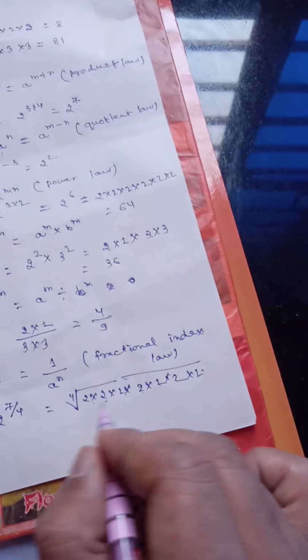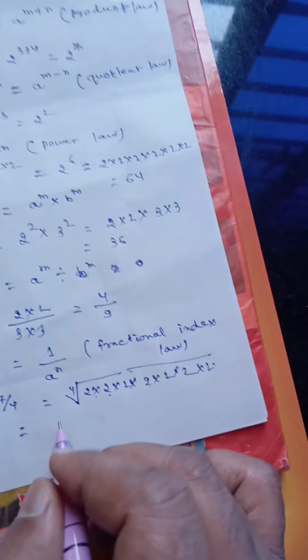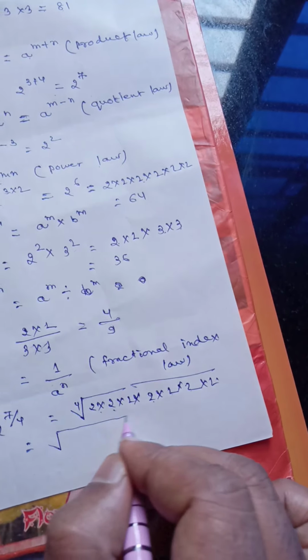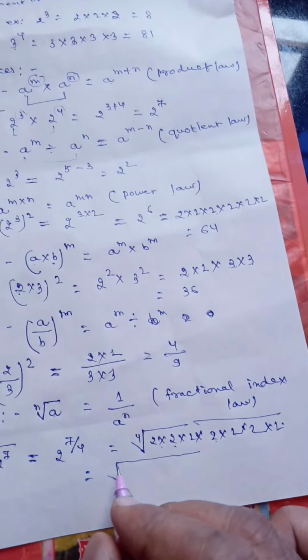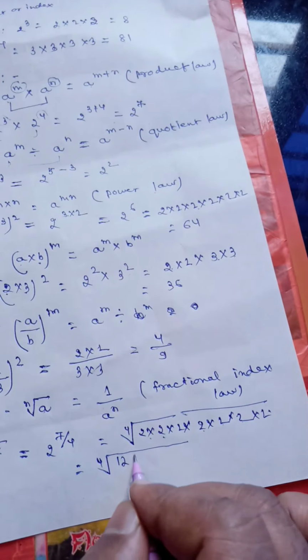It means that the product of 2 at 7 times is 128.